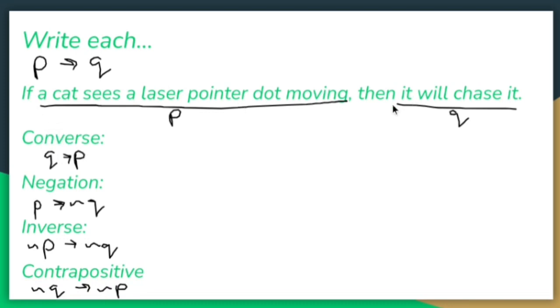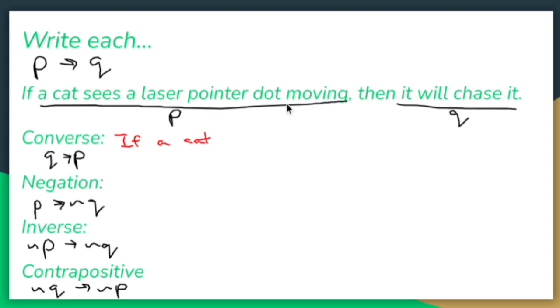Converse. If a cat will chase it, then a laser pointer dot is moving. I hate the way that that's worded, but that's it. If a cat, and let's actually be a little bit more specific.